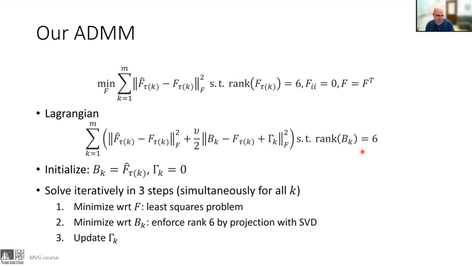SVD finds the nearest matrix in L2 that has rank 6, or any determined rank, really up to rank 6. Now, generically, that would happen unless you have triangles that are collinear, and in the algorithm we actually make sure that we don't have collinear triangles.